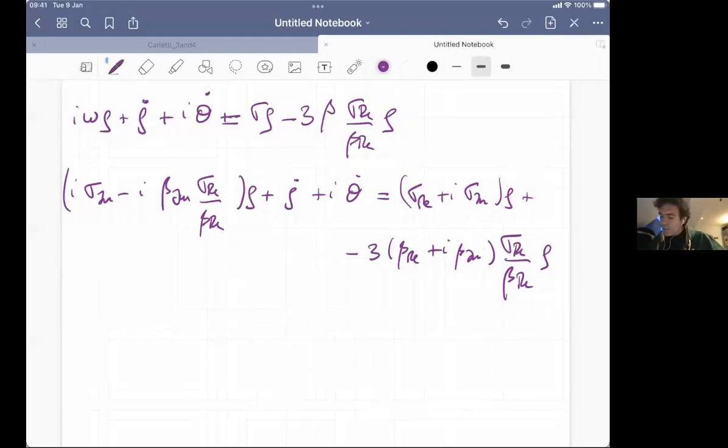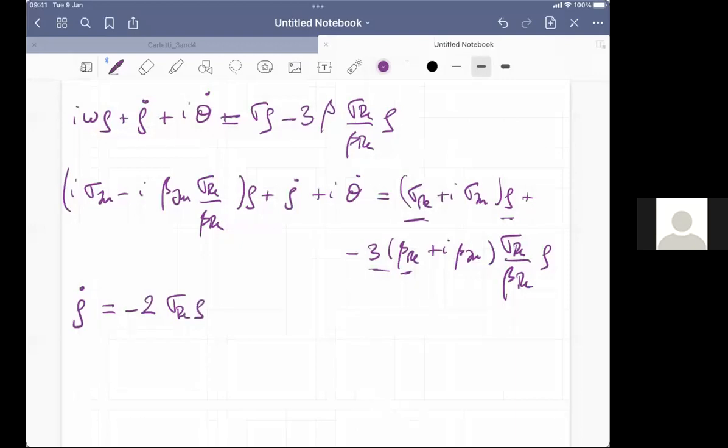Let me start with the real one. On the right you only have rho dot. On the left, you have sigma real times rho, but then you also have this minus 3 beta real times sigma divided by beta times rho. So this gives you minus 2 times the real part of sigma times rho.